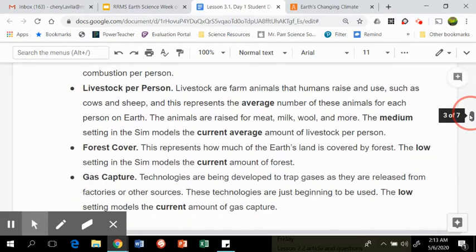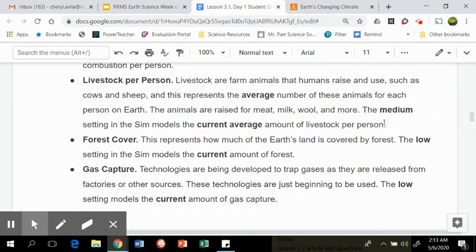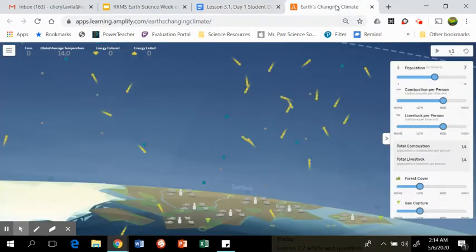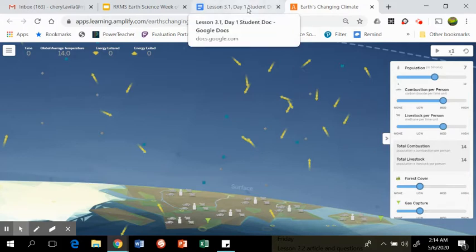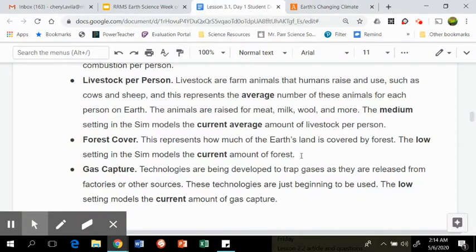Forest cover, this represents how much of the Earth's land is covered by forest. The low setting in the sim models the current amount of forest. So forest, where it is right now, represents the current amount of forest on the Earth. Gas capture.